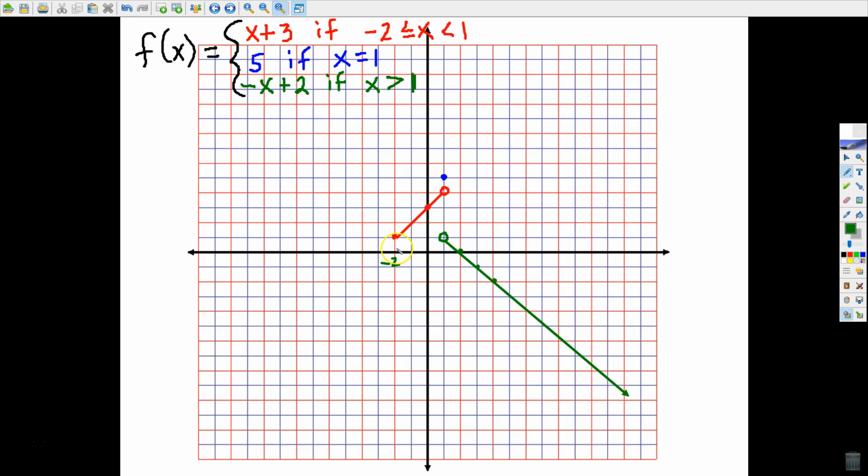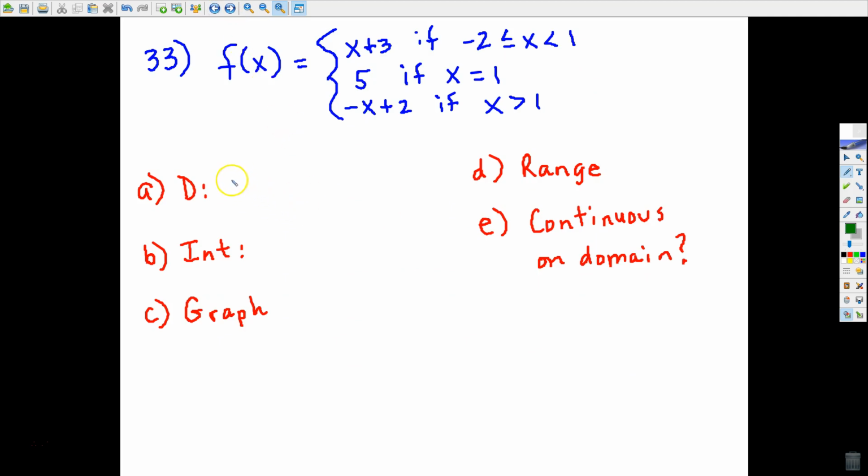So going to the right of -2, every x coordinate along the x-axis will be involved. This green line is going to go forever. So the way we'll state our domain is x values such that they are greater than or equal to -2.